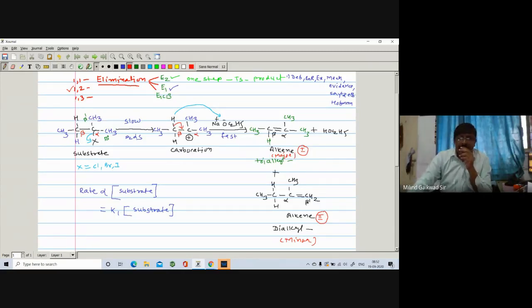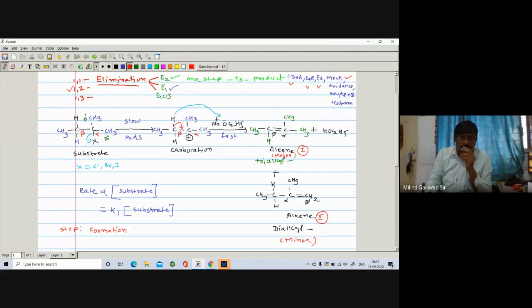So we have seen the definition and general representation. We have taken one example last time, and we have seen the mechanism of the reaction. So it is a two-step process in which step one is the formation of a carbocation.